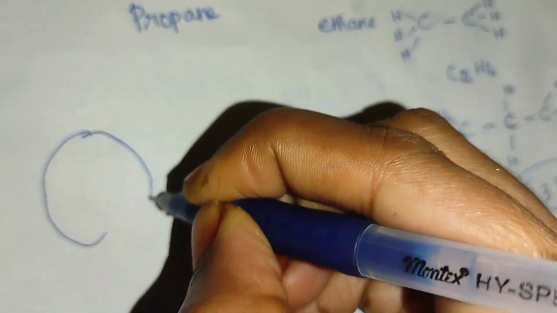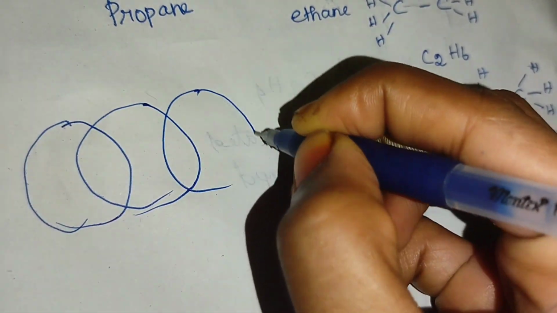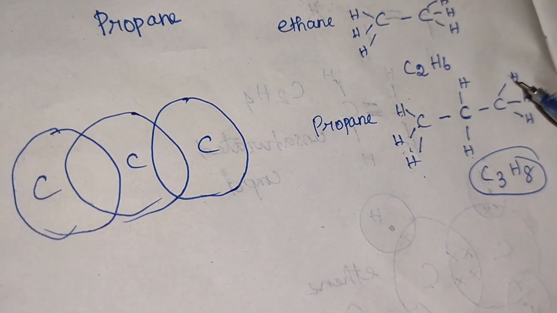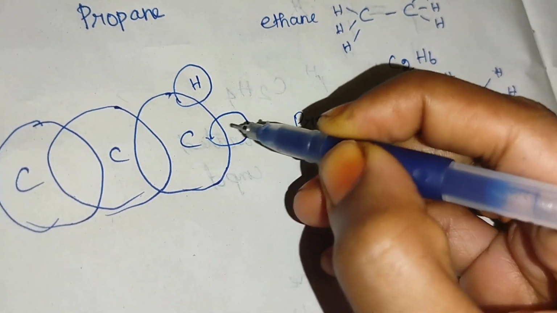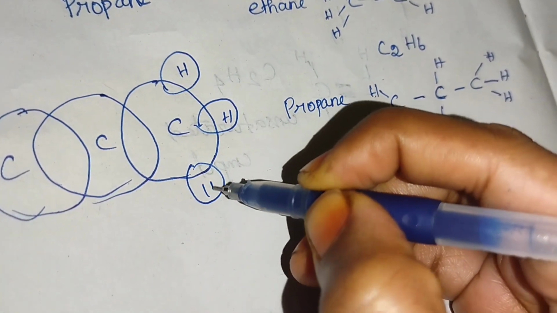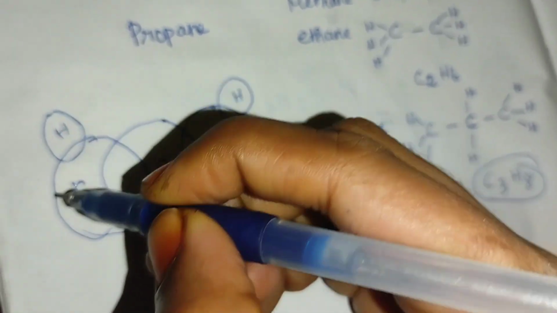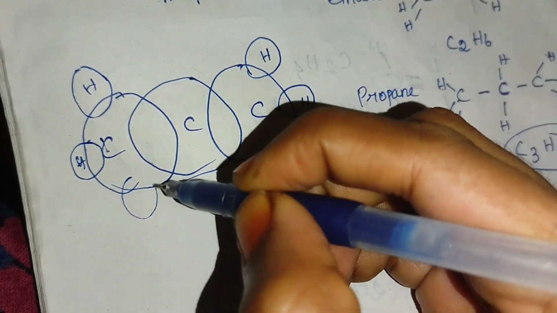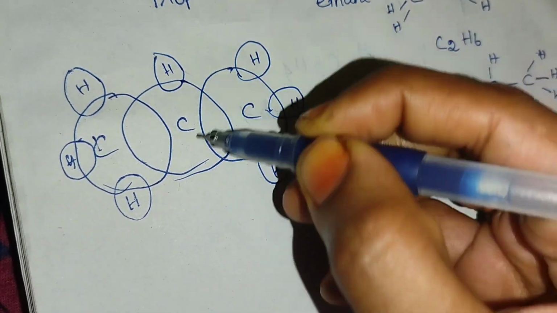Totally how many carbons are there? 3: carbon, carbon and carbon. The last one is with 3 hydrogens: here one hydrogen, one hydrogen, one hydrogen. Like that, this carbon is also with 3 hydrogens. And the center carbon is with only 2 hydrogens.